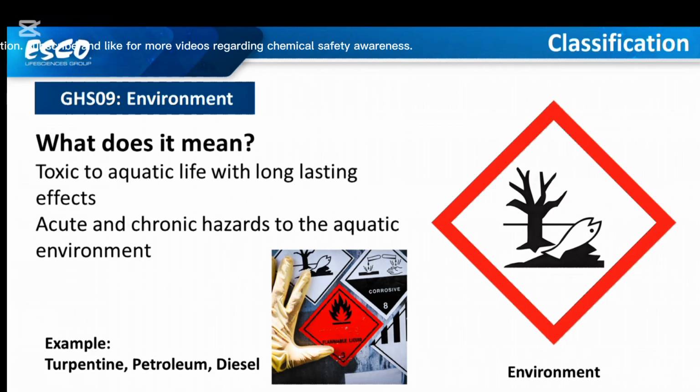Not only are we exposing ourselves to this risk, but the environment as well. Aquatic life, even soil, can be affected. A good example would be the CFCs that were linked to ozone depletion.